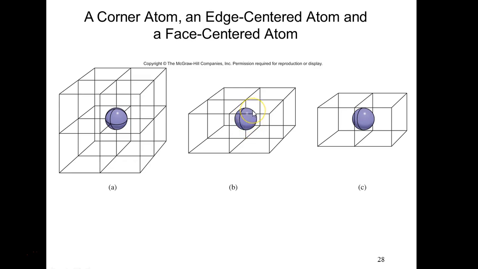If you're on an edge of a unit cell, you can see this one, it's in the middle of these two cells, 1/4 of your sphere will make it into a unit cell. And if you're on a face of a unit cell, 1/2 of your sphere will make it into a unit cell.